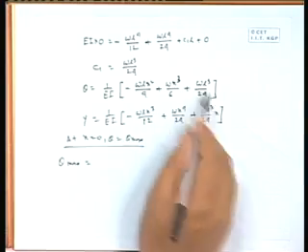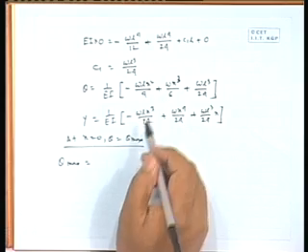So, say at x equal to 0, theta will be your theta max. So, theta max will be, here we can put x equal to 0 in that equation.